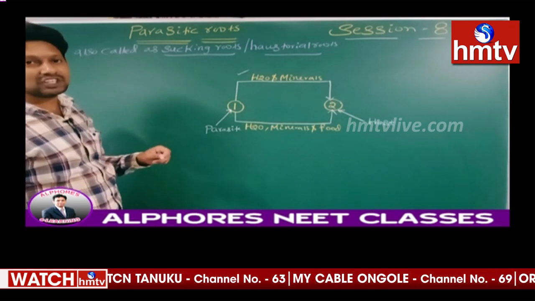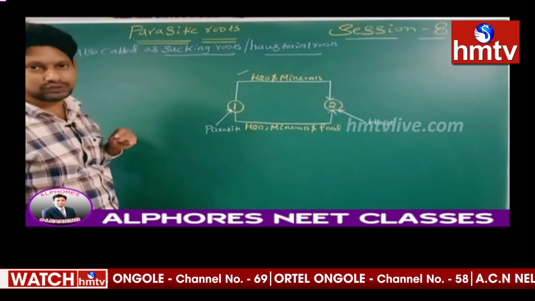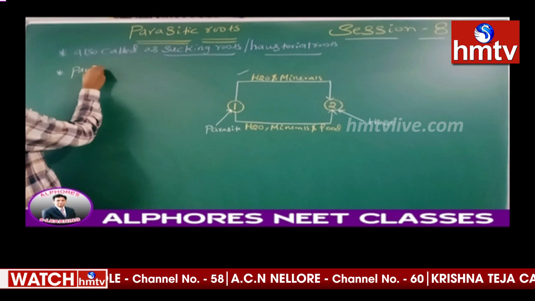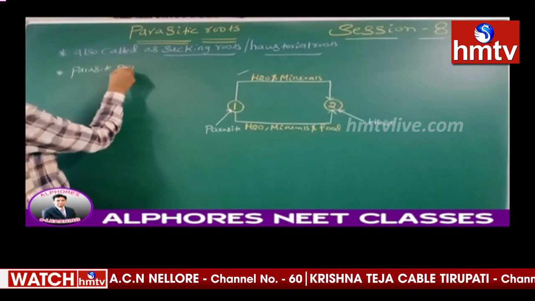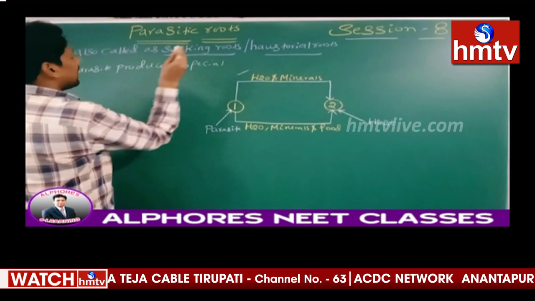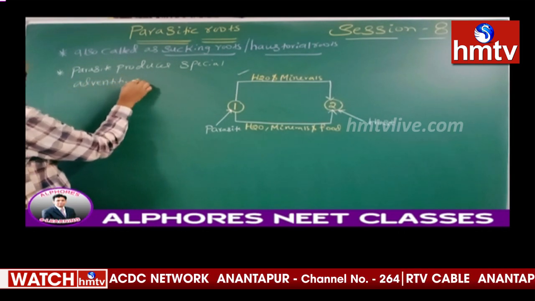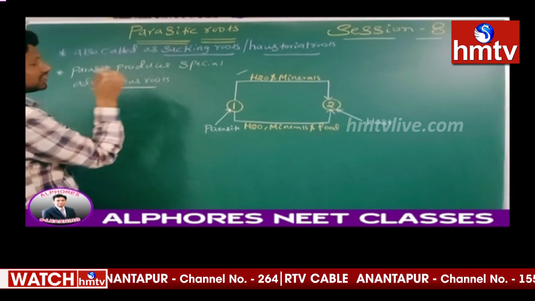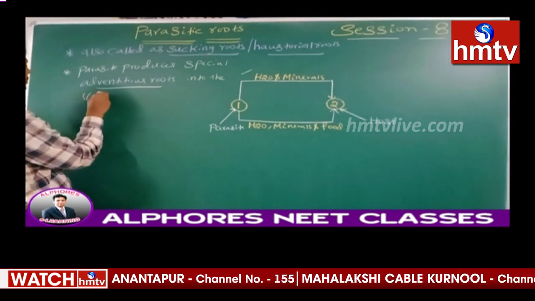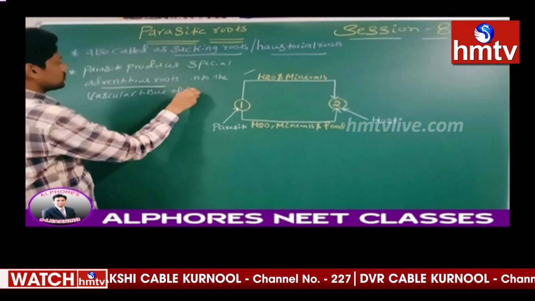Those special adventitious roots are called parasitic roots or sucking roots or haustorial roots. The parasite produces special adventitious roots into the vascular tissues of the host plant.